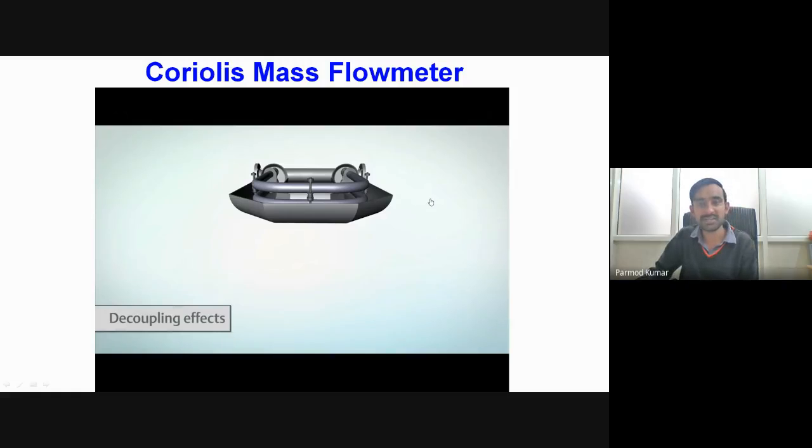Now, these Coriolis mass flow meters are subjected to one very important issue, which is referred to as the decoupling effect. While we are measuring the flow, what we want is that whatever the oscillations of the tube material are, our fluid should also follow the same set of oscillations.